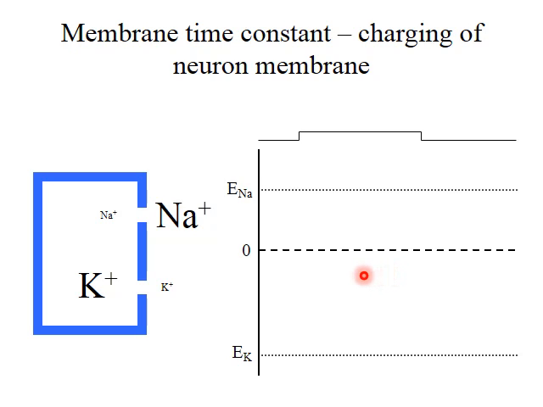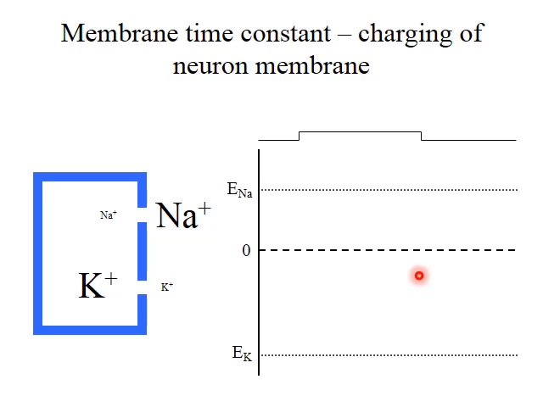We know that this steady state potential can be calculated from the Goldman-Hodgkin-Katz equation, and it will be dependent on the relative permeability of the neuron to sodium and potassium. Once we reach the steady state potential, the voltage will not change until we change the relative permeability of the membrane to sodium and potassium.